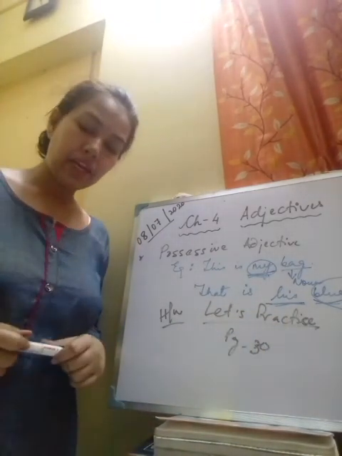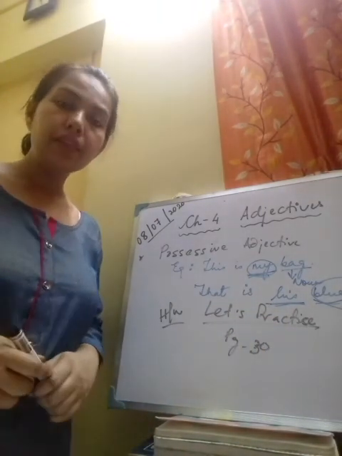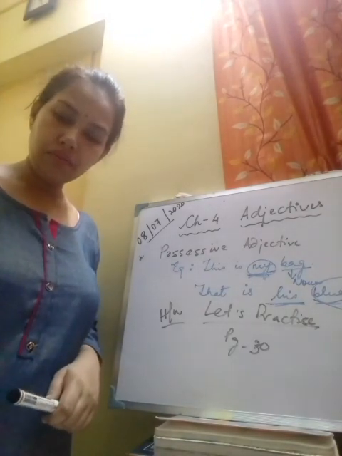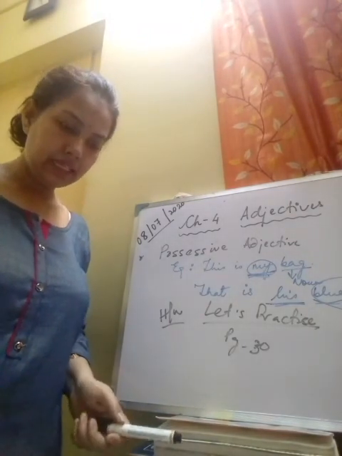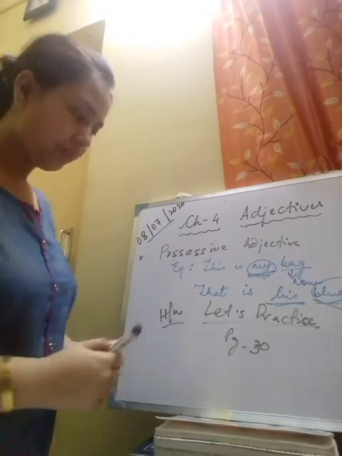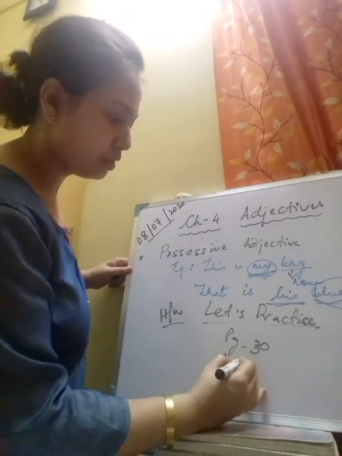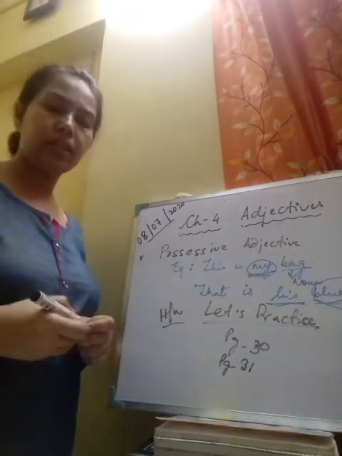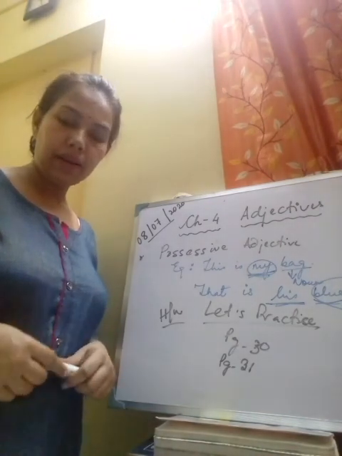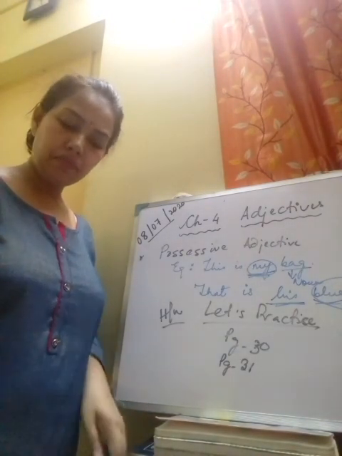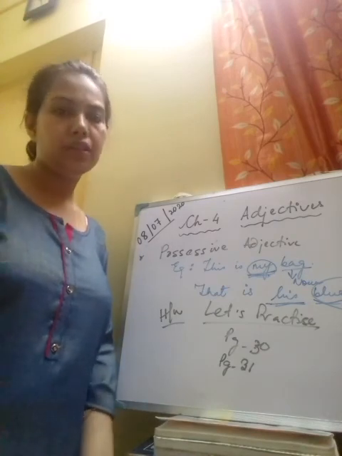Let's practice page number 30. That will be your homework. You can do one more homework, that is the exercise on page 31. There is one more exercise on page 31. Please do both these exercises as homework. Let's practice page number 30 and let's practice page number 31.